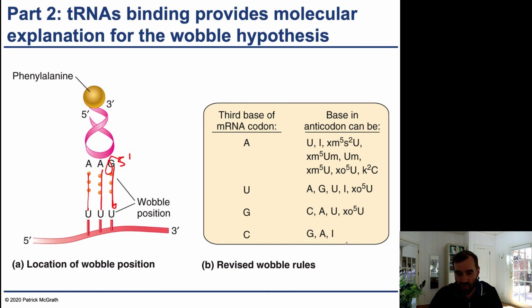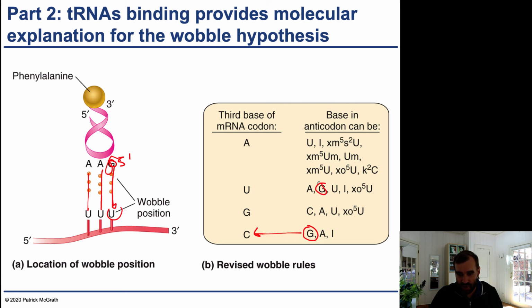And so what this table right here shows you is all of the nucleotides that can recognize a particular amino acid. So the G, you'll notice that if there's a G in the anticodon, it can recognize the C in the mRNA.